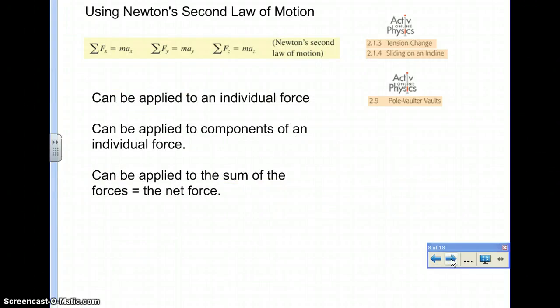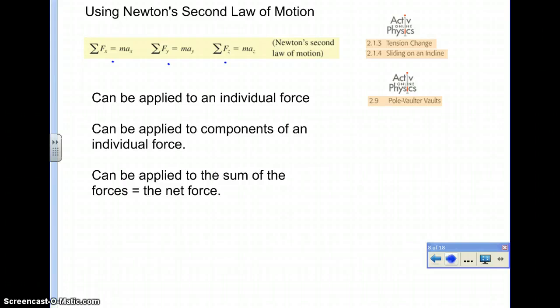Again, Newton's second law of motion can be broken into components. So there can be a net x, which is going to be the sum of all the forces in the x direction. It's going to be the product of the mass, the particle, times the net acceleration of the forces that are going to the left and to the right, no matter how many there are.